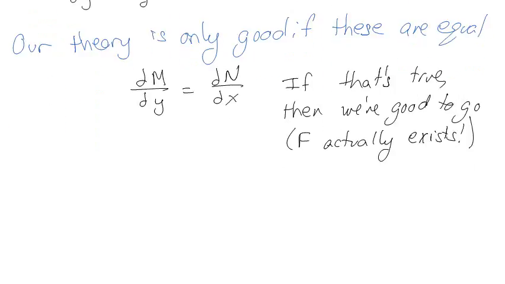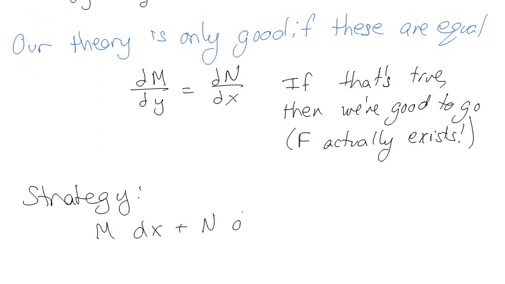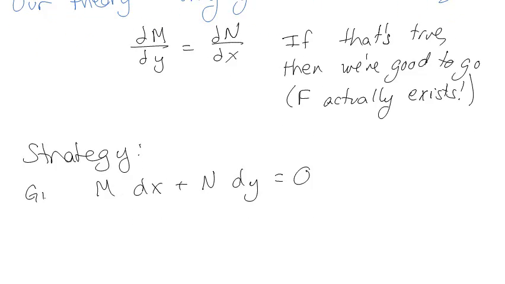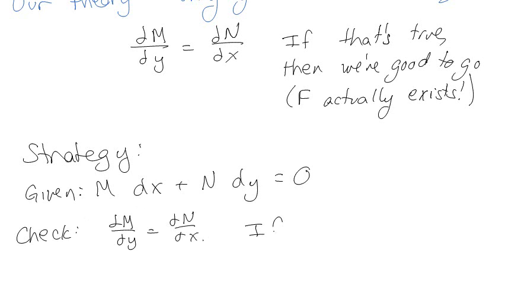Okay. So here's our strategy. Given M dx plus N dy equals 0, we want to check if partial m partial y is equal to partial n partial x. If so, we're going to solve it for f.